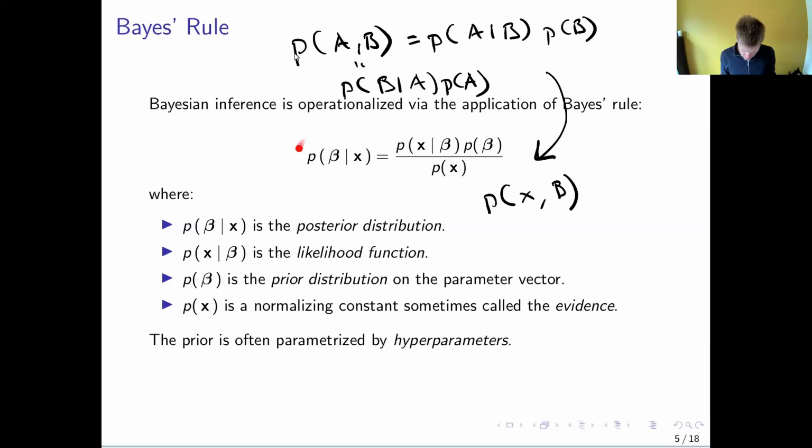Now this thing has a name: the distribution of the multinomial probability vector given the observed count data is called the posterior distribution over beta. So after I observe this data X, I have a distribution over the betas.